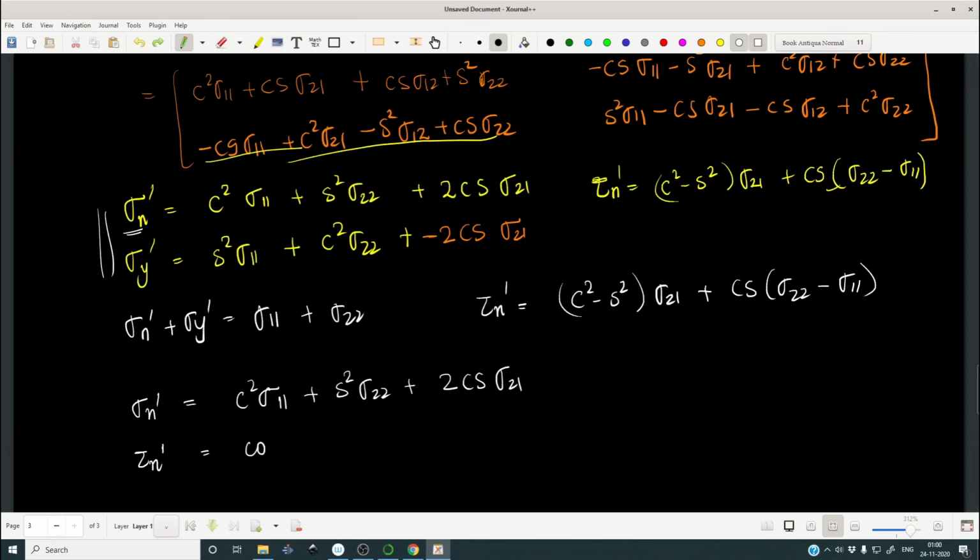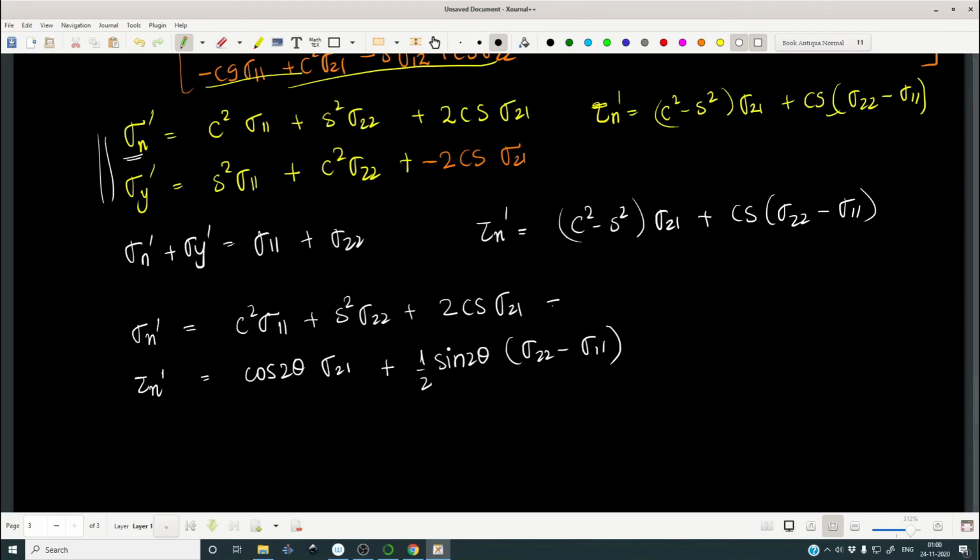So we can write this as cos 2 theta sigma 21 plus, not 2, this will be half, half sin 2 theta times sigma 22 minus sigma 11. While this can be written as cos square theta sigma 11 plus sine square theta sigma 22 plus sine 2 theta sigma 21.